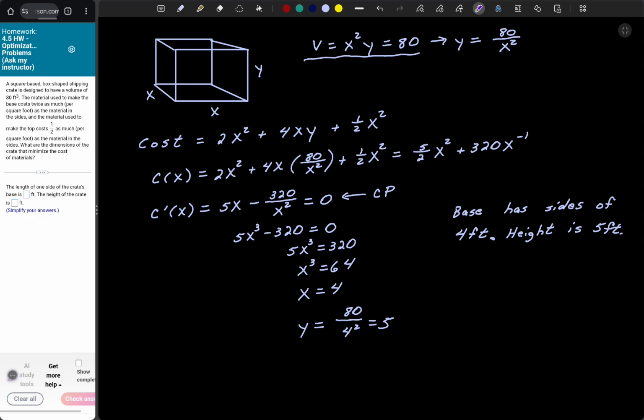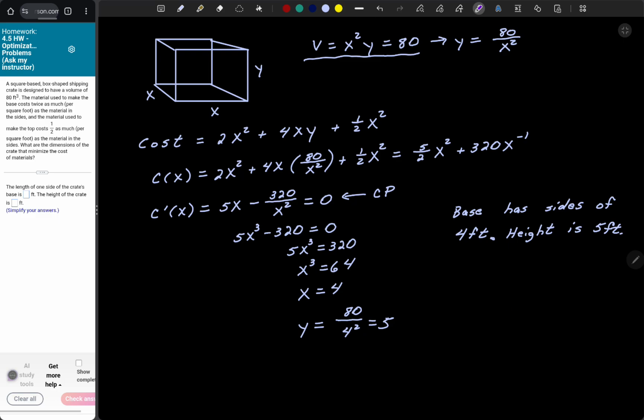Now, the only thing that I didn't do here is absolutely prove that 4 is minimizing and not maximizing the cost. There's a couple of different ways to check that, and you don't have to. You could use the first derivative test and find that your first derivative is negative before 4 and positive after, so we would know that 4 is a point of minimum cost.